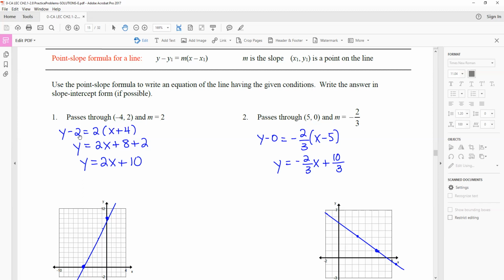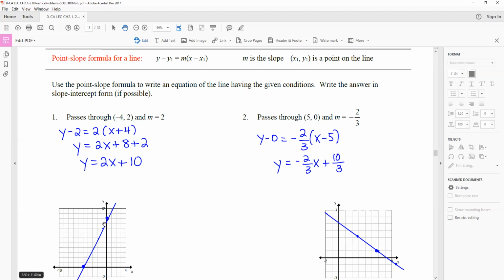And then y1 equals 2, x sub 1 equals -4, but we've got a minus a negative, so that becomes +4. We distribute this 2, and then we take this 2 to the other side. So that gives us y equals 2x plus 10. So here's the y-intercept.